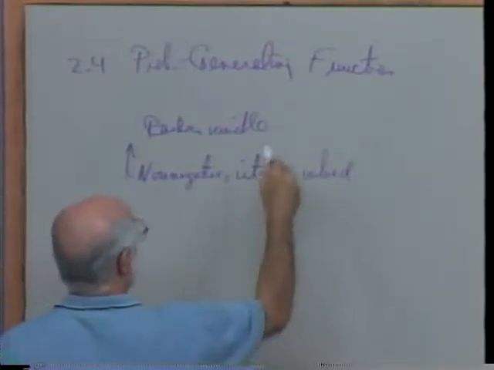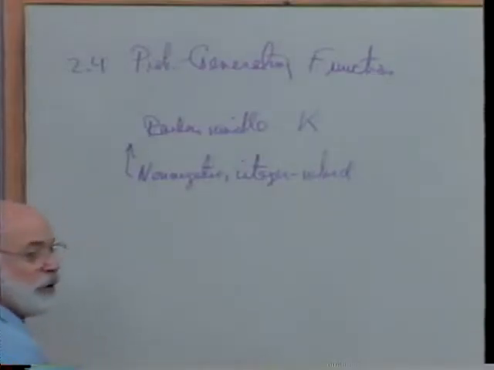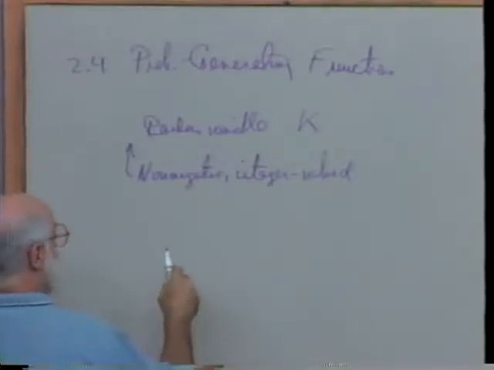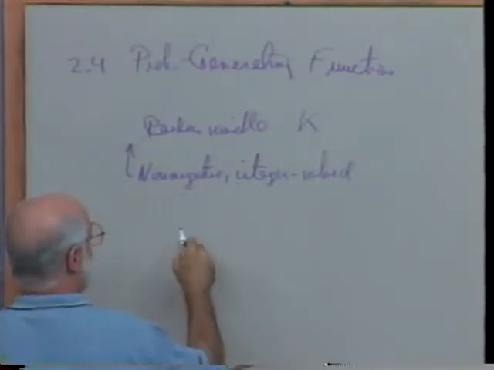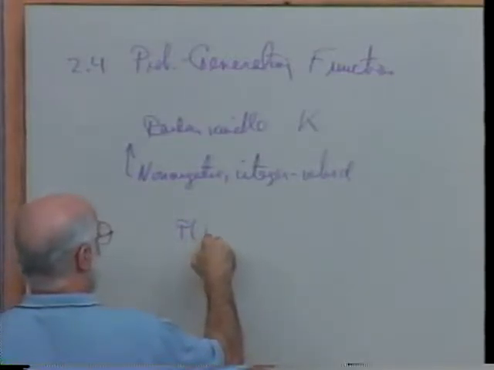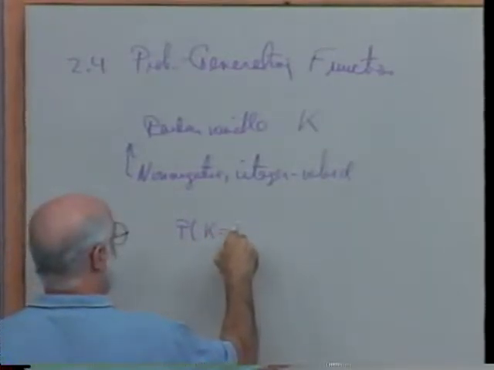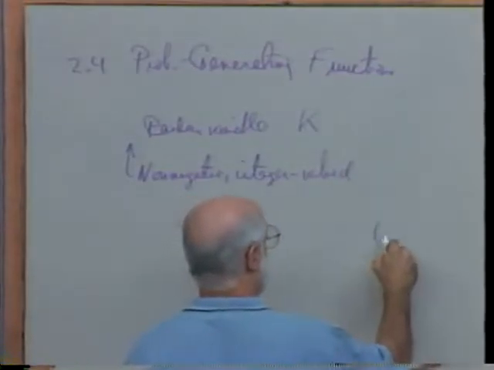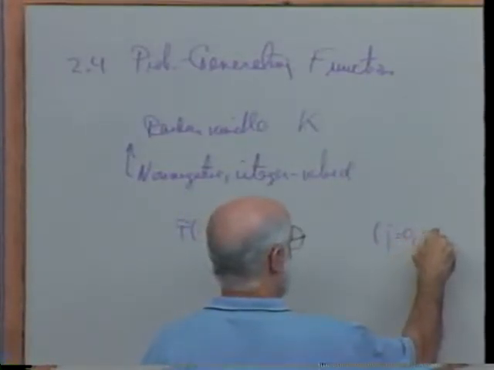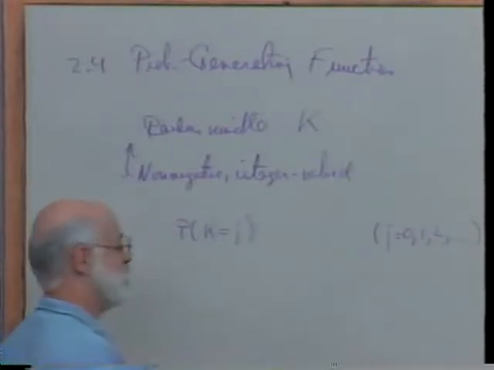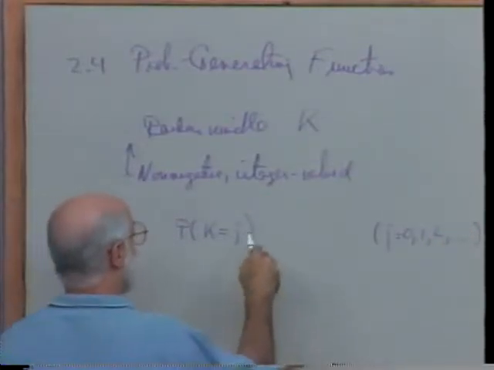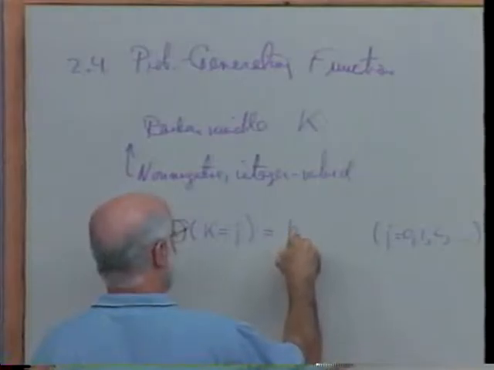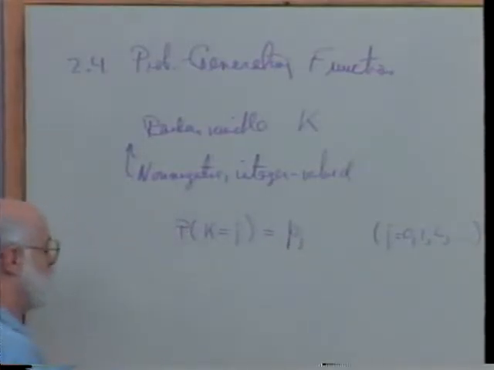So let's call a random variable k, that's what was used in the book. So if it's a non-negative integer valued random variable, that means that the probability that k equals j is defined for j equals 0, 1, 2, and so on. And let's call that probability, to save writing things, little p sub j.